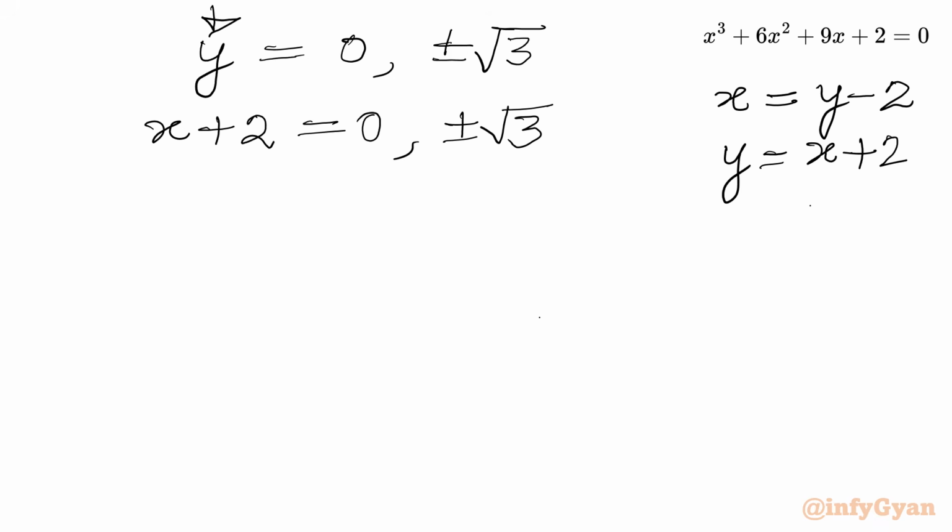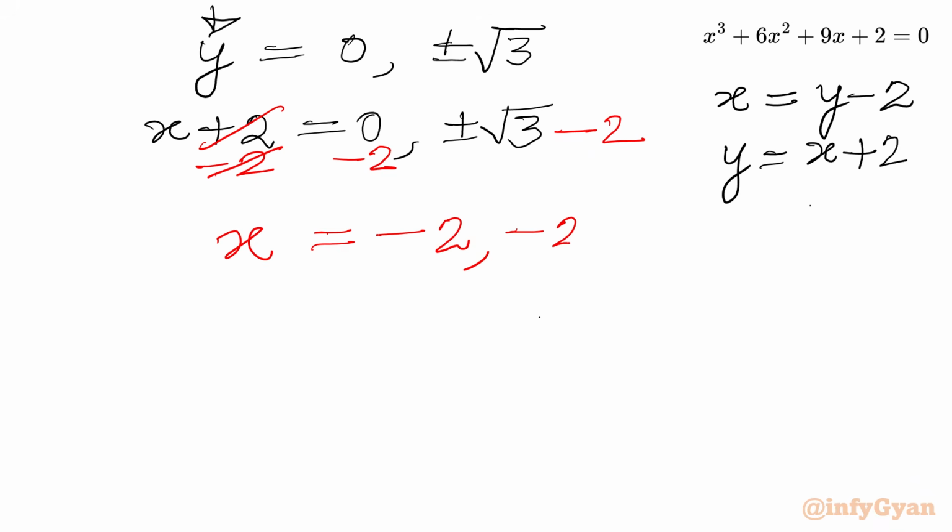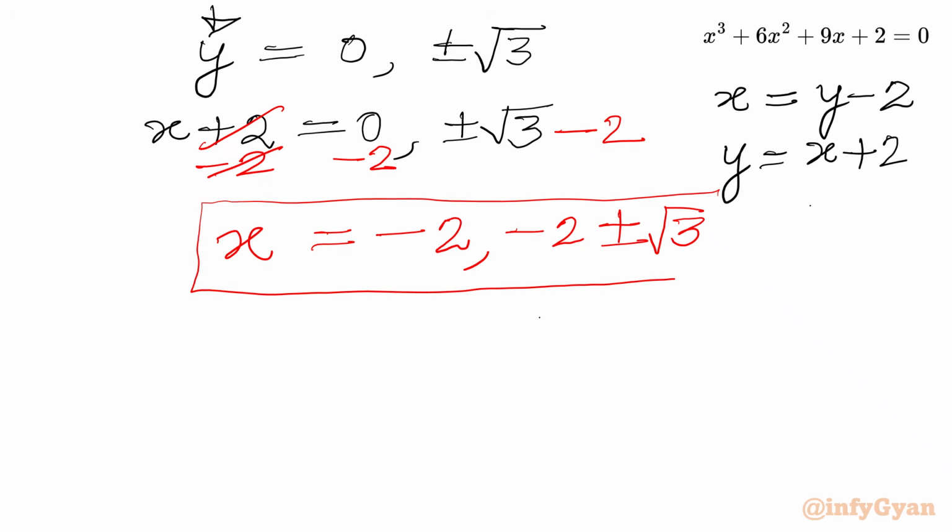To get the value of x, we need to subtract 2 from both the sides. We will get plus 2 minus 2 will be over, x equal to minus 2 plus minus root 3. Using Tschirnhaus transformation technique, we can find the depressed cubic equation from the known cubic equation and find our solutions easily.